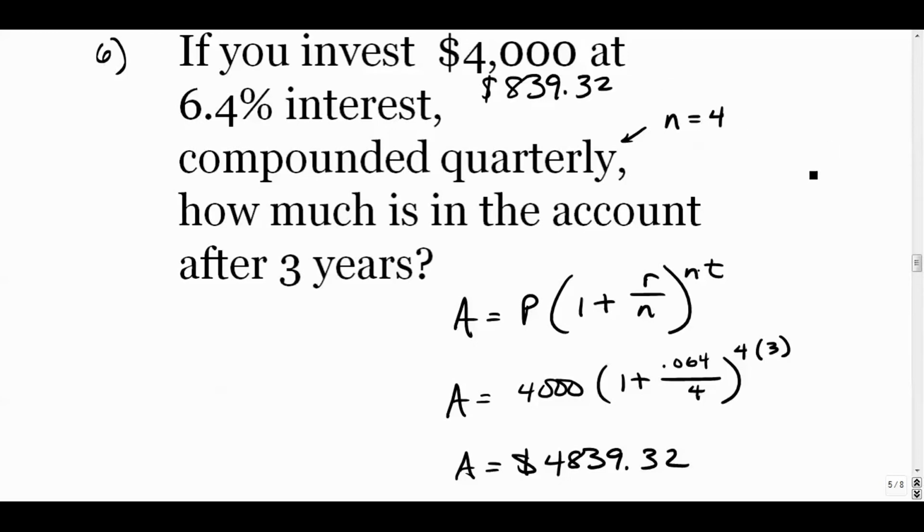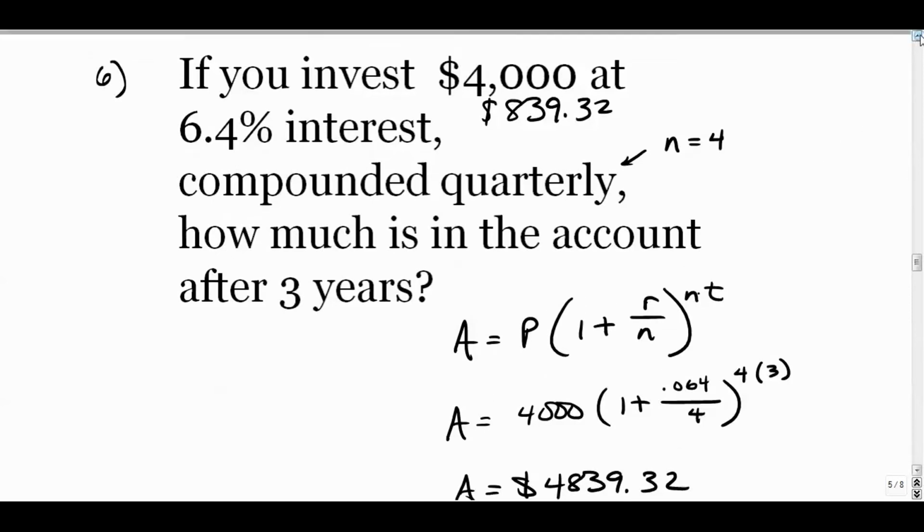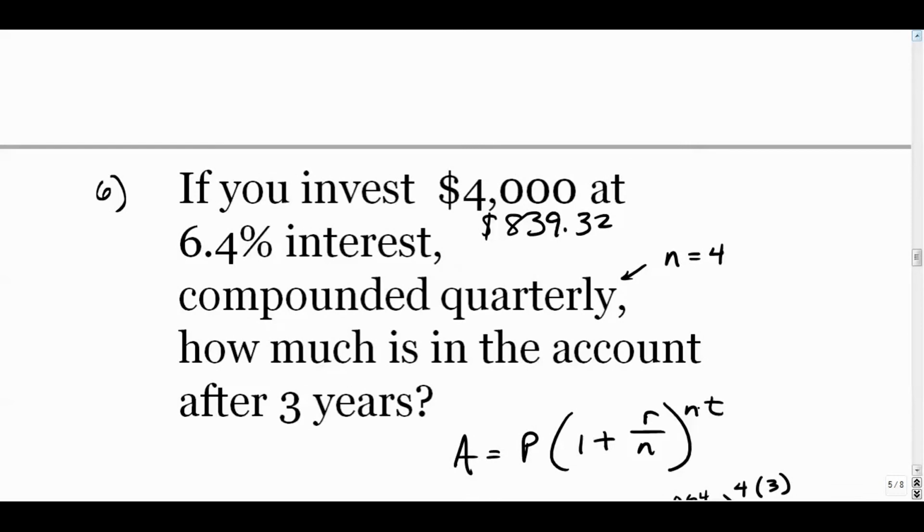At this point, it's probably worth talking about what it actually means for interest to compound. So if this thing is compounding basically 12 times, what we're starting at is $4,000, right? And the first time that we compound our interest, that principal is getting multiplied by 0.064.